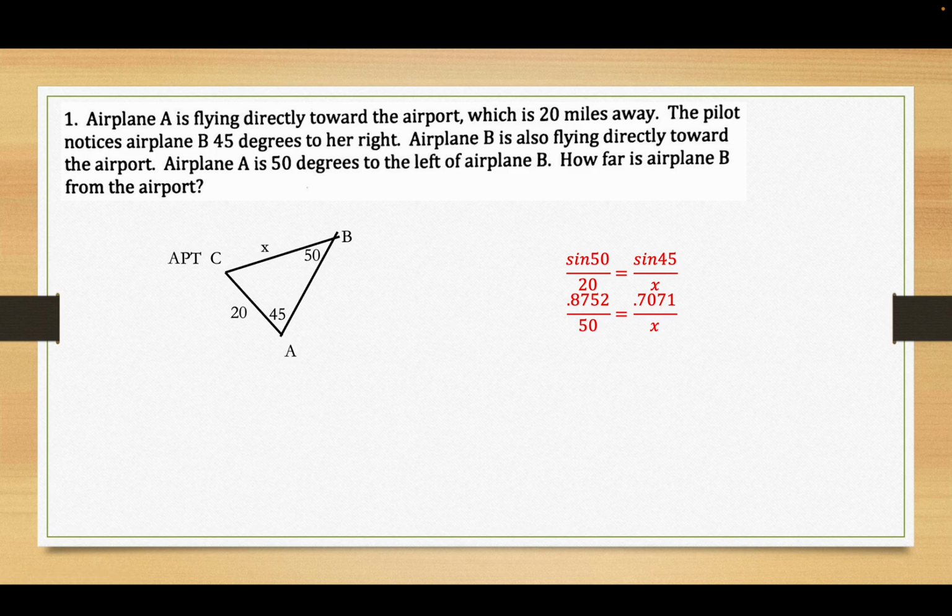You can write the whole thing out on your calculator if you want. Don't only put tenths or hundredths. You need at least 4 places. Cross multiply, 0.8752x equals, and then 0.7071 times 50 is 35.36. Dividing by 0.8752, and I get 40.4. So airplane B is 40.4, what is this, miles from the airport.